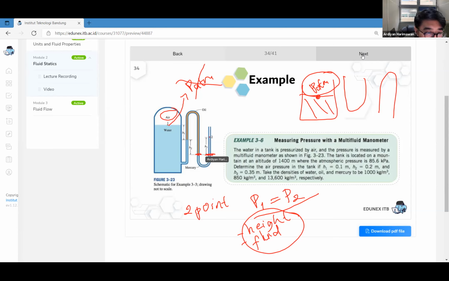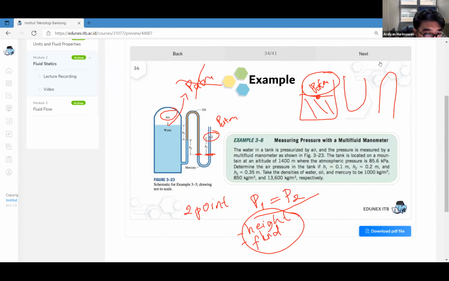How about the pressure here? Atmospheric, sir. Yeah, this is atmospheric, correct, because it's open to the air. I hope the point number 2, because it's small on my laptop, is the level of the mercury and the borderline between the mercury and air, right? At point 2, the right side.